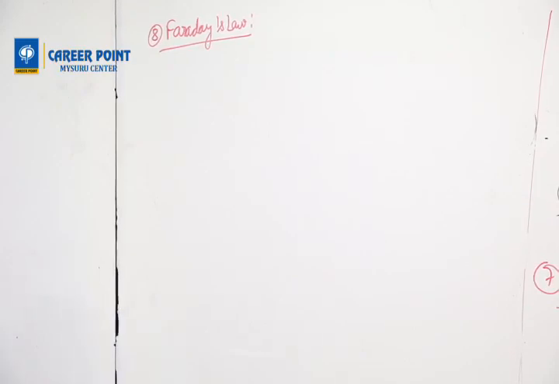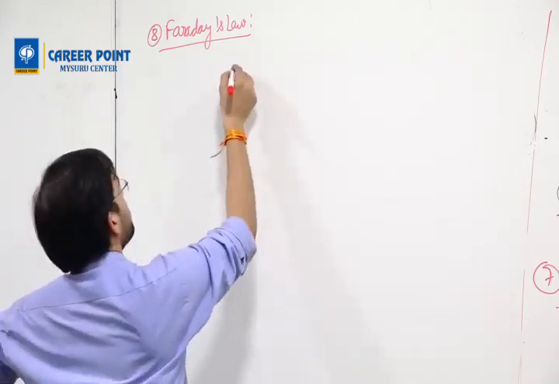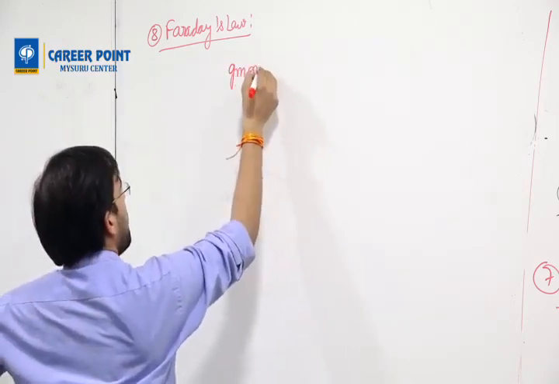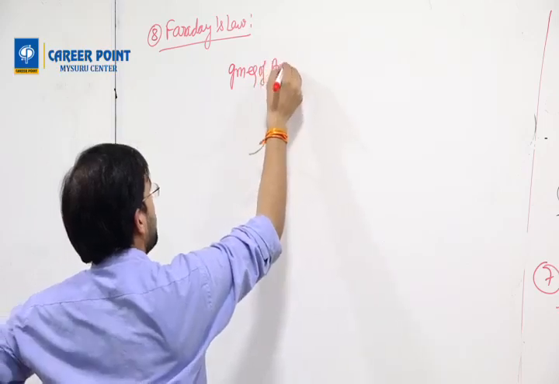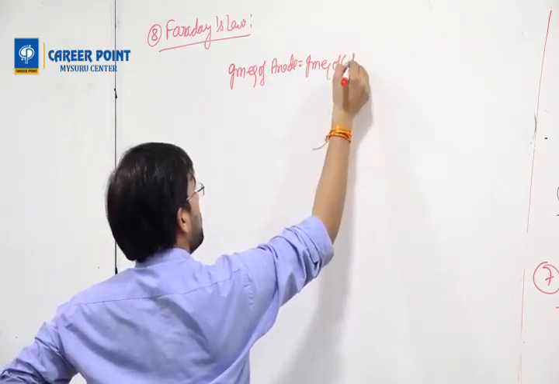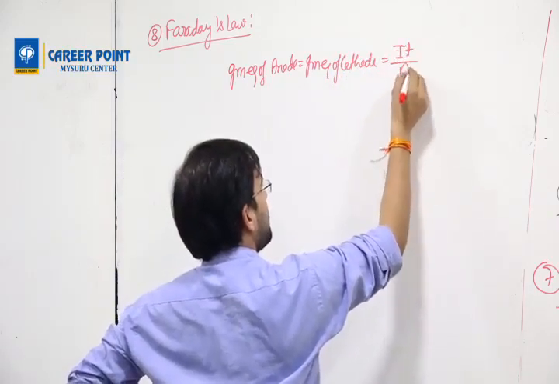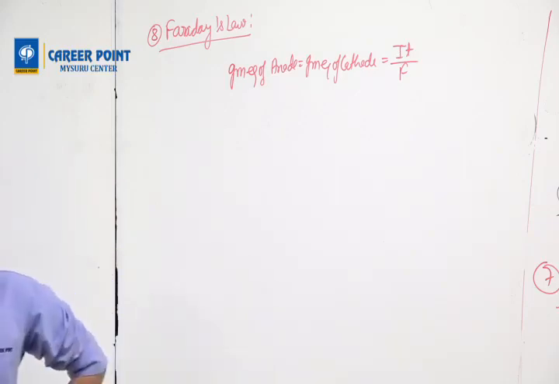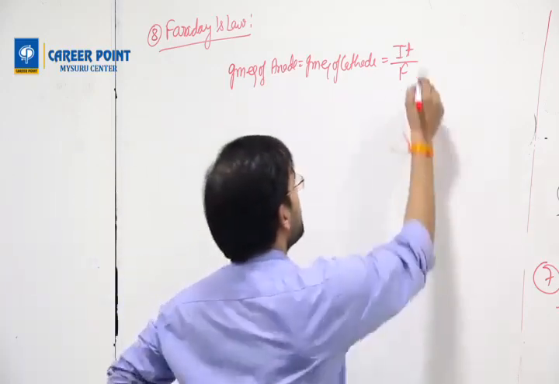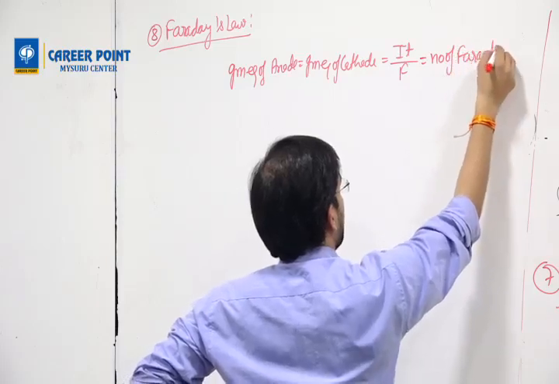Faraday's law says that gram equivalent of anode equals gram equivalent of cathode equals IT by F. IT by F equals number of Faraday.